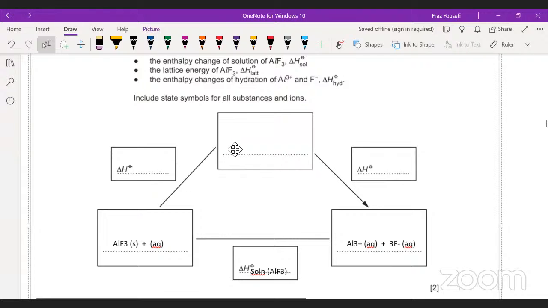Now, up here, we would have these ideas. Gas here.